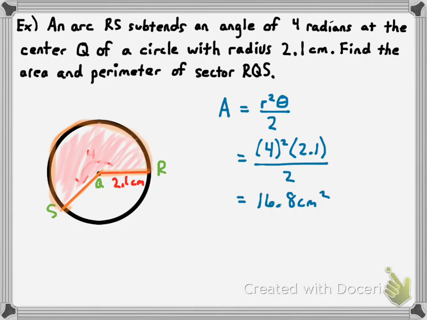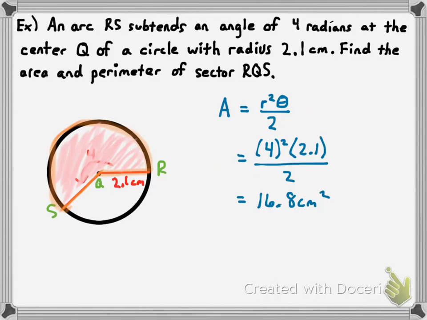The next thing it asks for is the perimeter. Now, I want to emphasize to you that the perimeter of the sector is not just the same thing as the arc length. Certainly the arc length is part of the perimeter, all right, because that's part of the distance around the sector, but the sector is contained by the arc and 2 radii, isn't it?